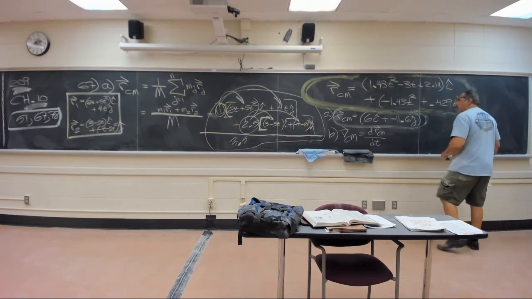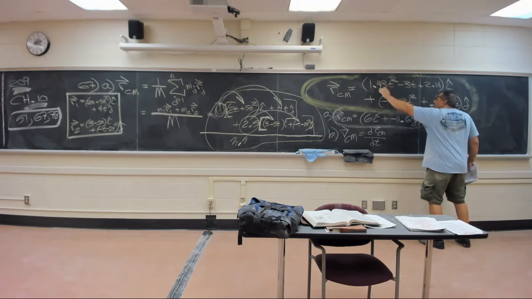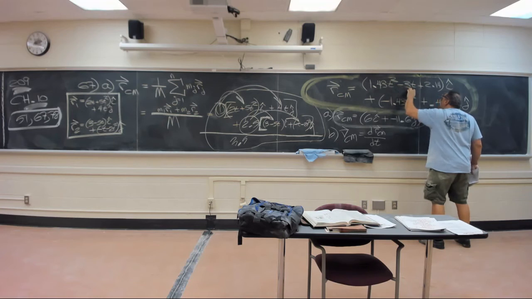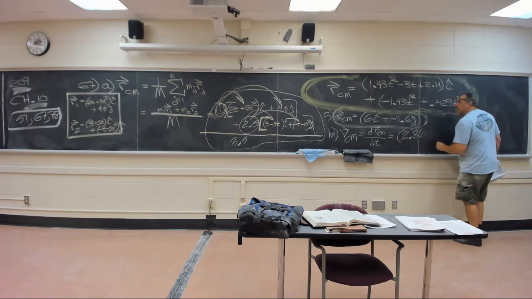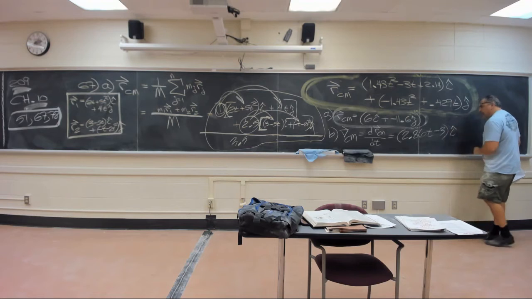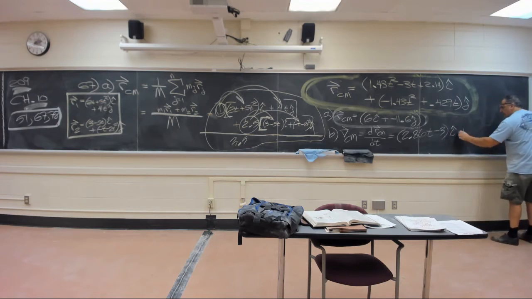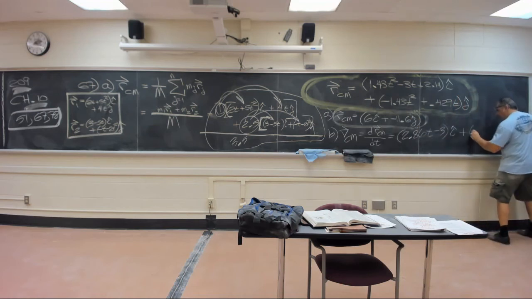What the heck is that? Well, go ahead. Take the time derivative here. Bring the 2 down. It's going to be 2.86t minus 3. That's nothing. So 2.86t minus 3, that's i hat, plus negative 2.86 j hat.